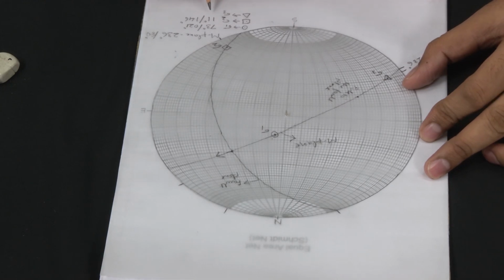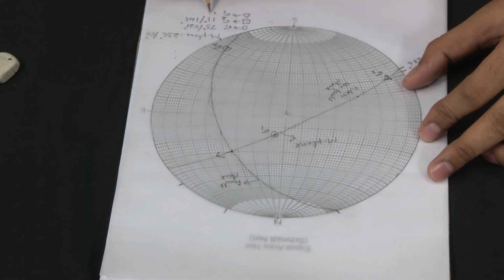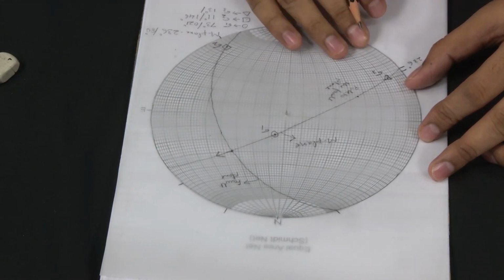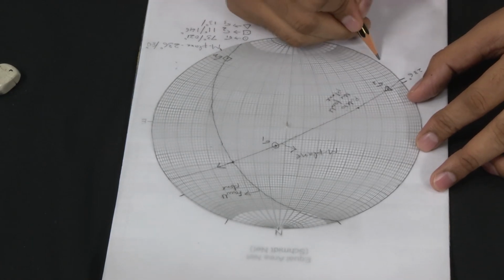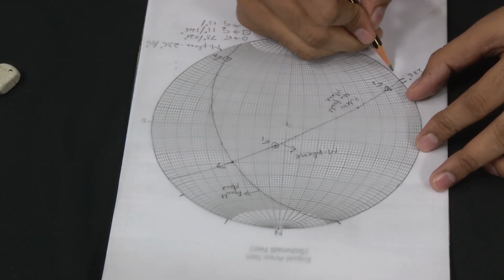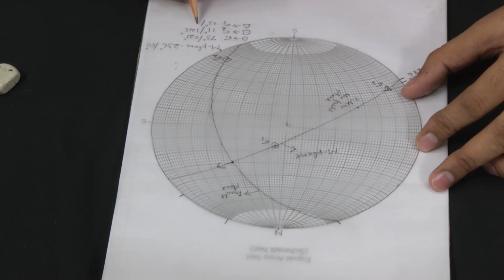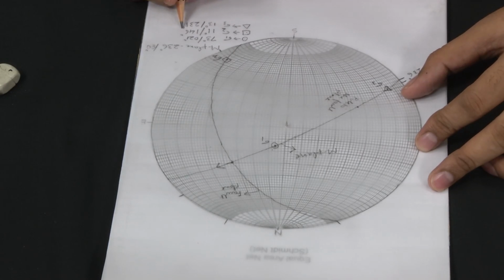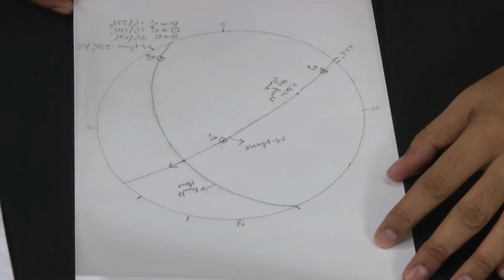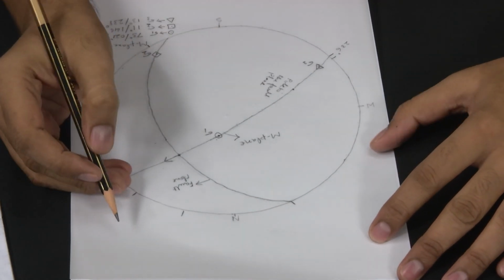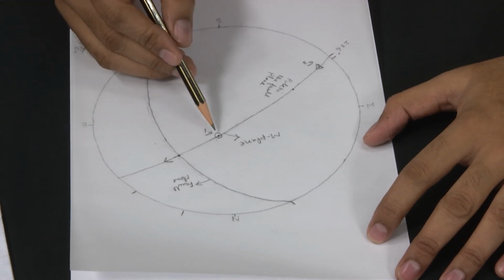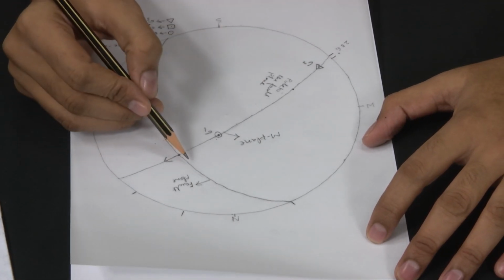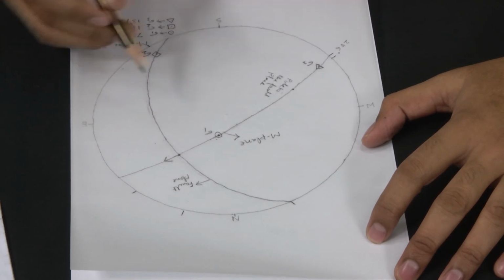Sigma 3 is 13 degrees towards 180, 190, 200, 210, 220, 230, 236, 238. So, this is the complete solution of this fault plane and the stress orientation which causes this normal fault plane to occur.